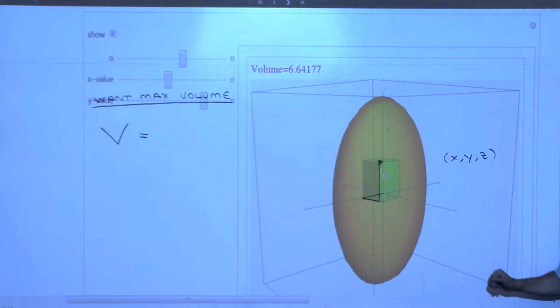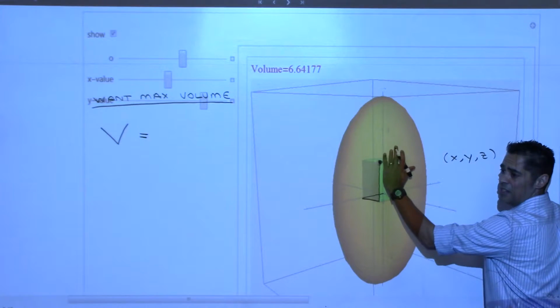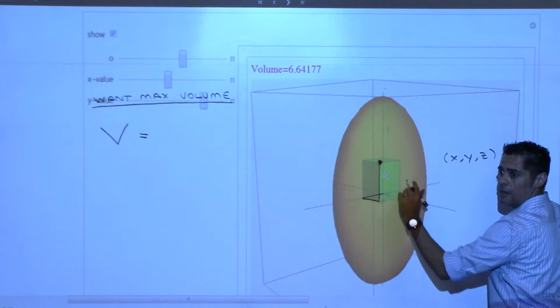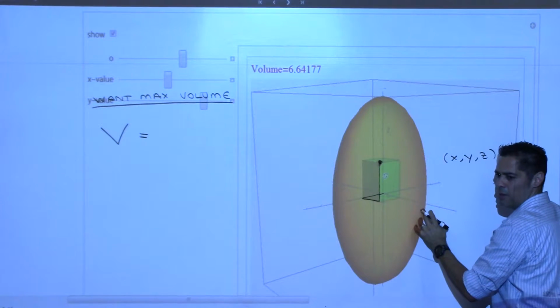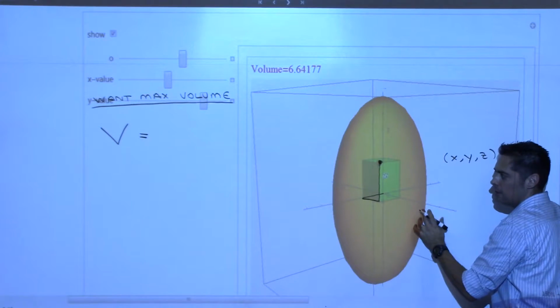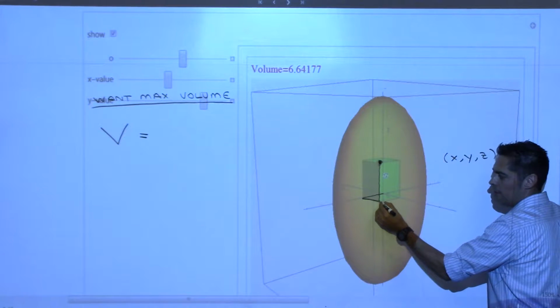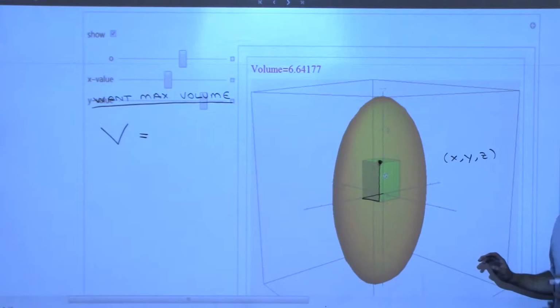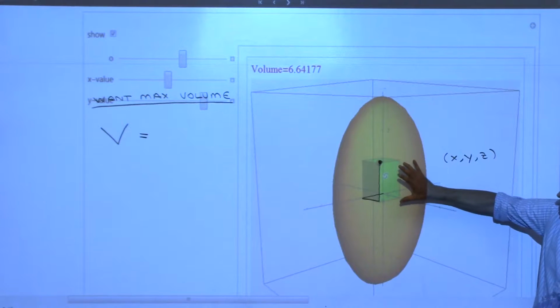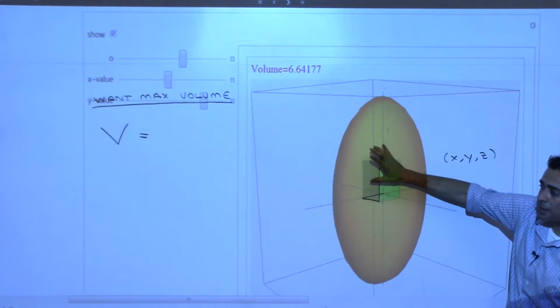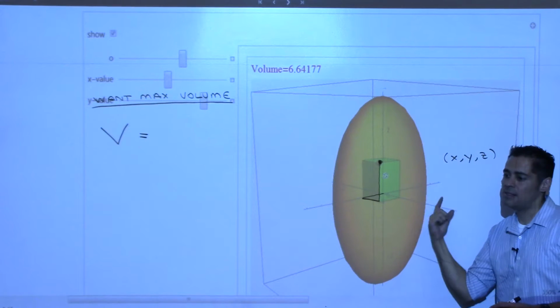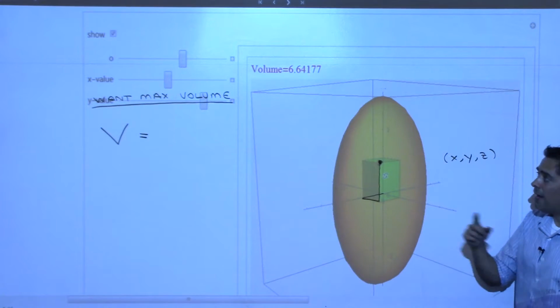I want one bigger. So I want this point right here to touch the edge of the ellipsoid, right? So what's missing from this? What else do I need? The other 7 octants, exactly. There's another box you need in the second octant, another box you need in the third octant, in the fourth octant, fifth, sixth, seventh, and eighth, right? So I agree with you.